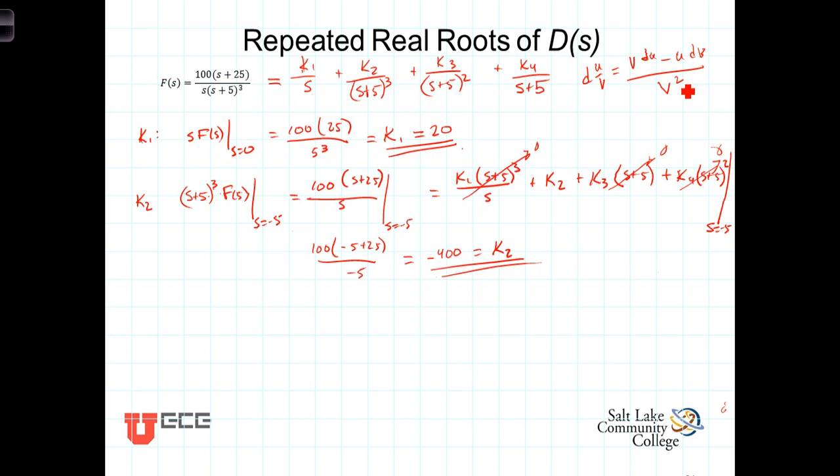So when we take the derivative of this term right here, we've got v, which is s.